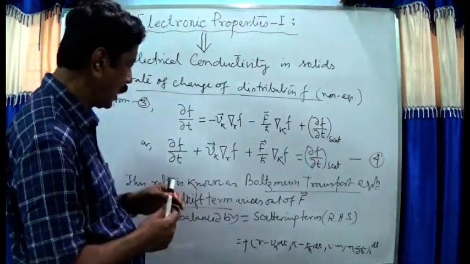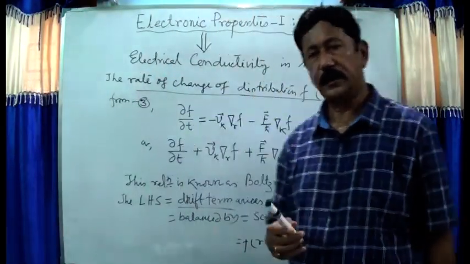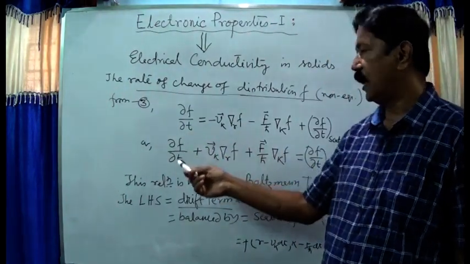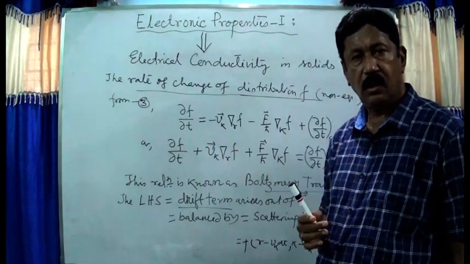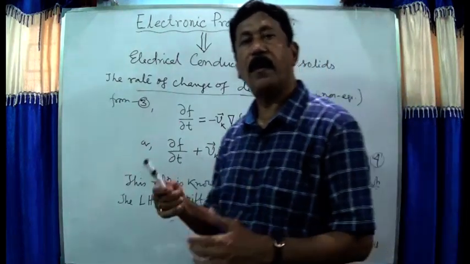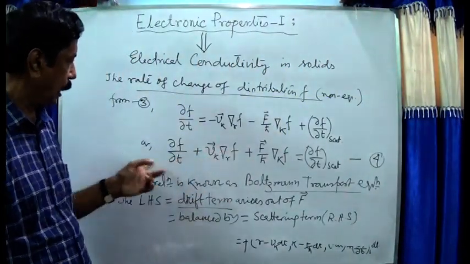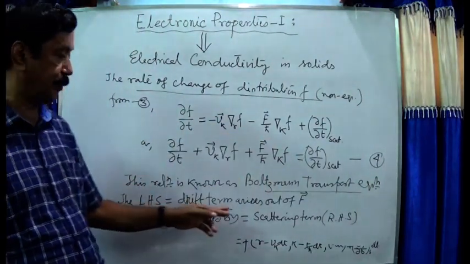And that external field mainly causes the shifting of the particle and also a change in momentum, I mean the K factor. And this left hand side term is known as drift term.